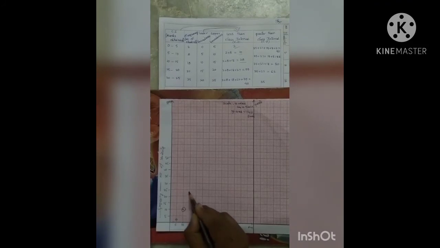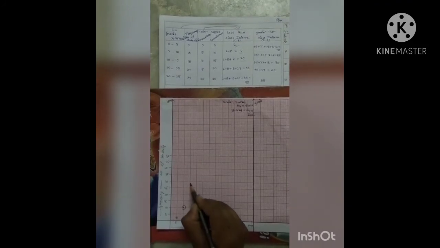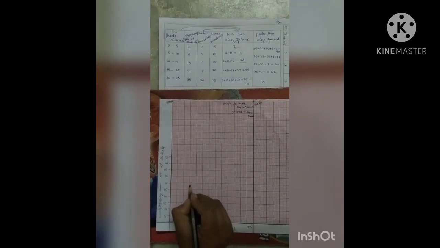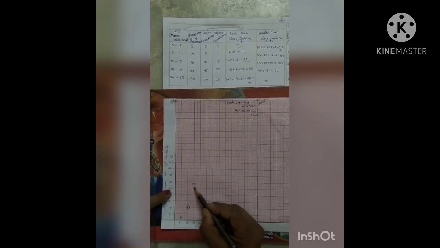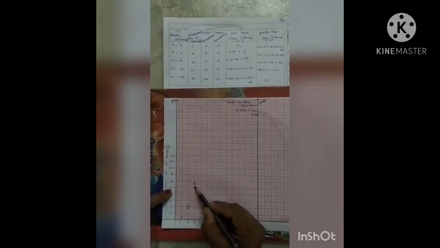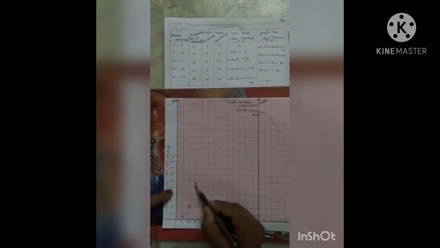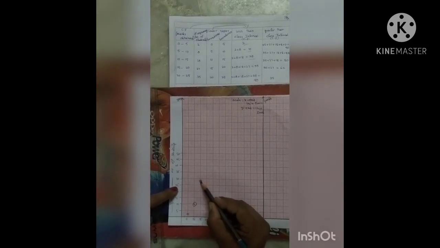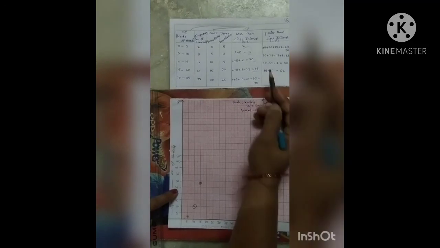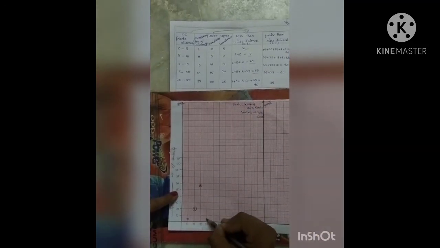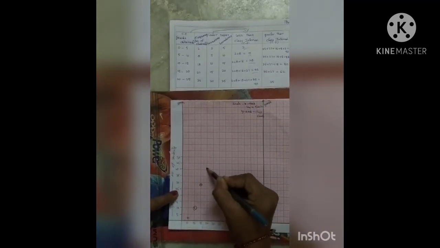So 15, 25, 26, 27, 28. Here, 25 to 30, 2 lines we take as 1 unit: 26, 27, 28. Okay. Next, 20, 55. So then consider 20, 55.